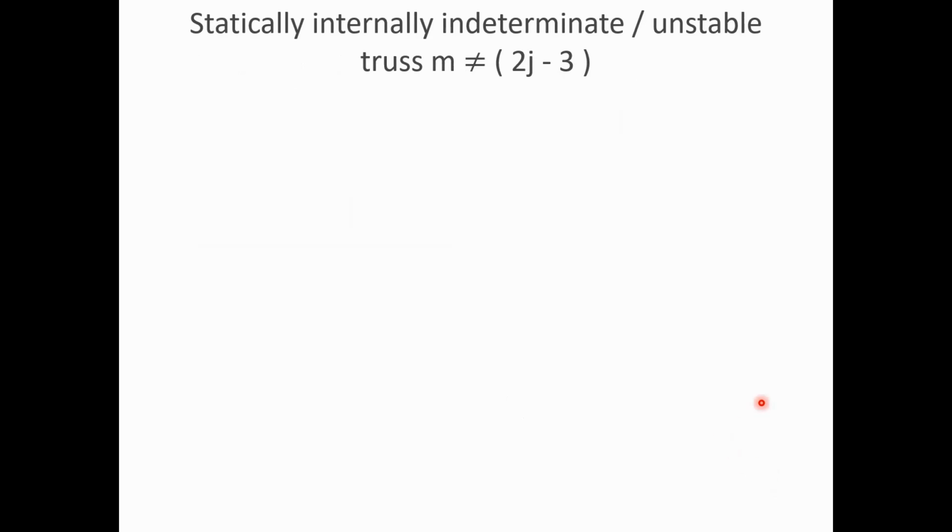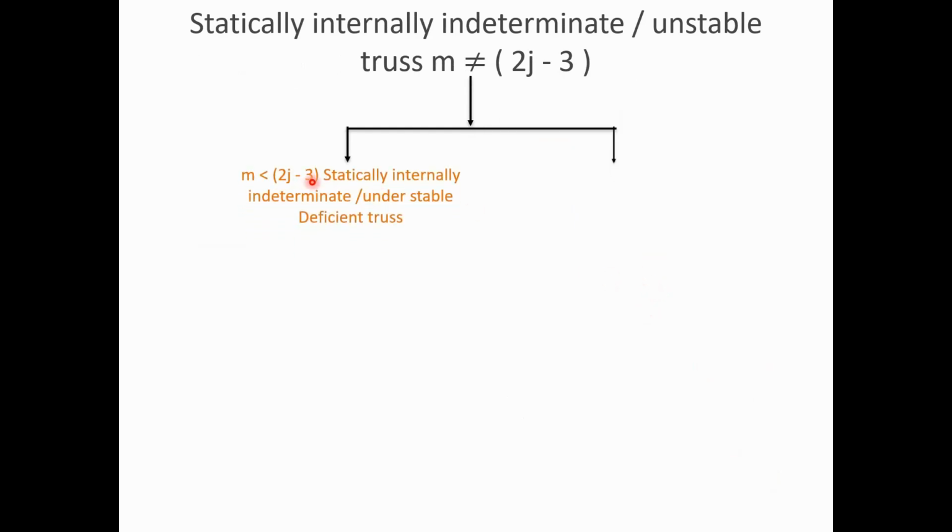Now to analyze the statically internally indeterminate or unstable truss, we again divide it into two conditions. The first one is when m is less than 2j minus 3. It means the number of member forces is less than 2j minus 3, then that truss becomes unstable, or we can say a deficient truss. Deficient truss means there is a deficiency of members in the truss.